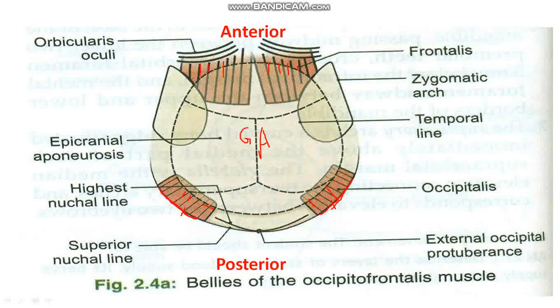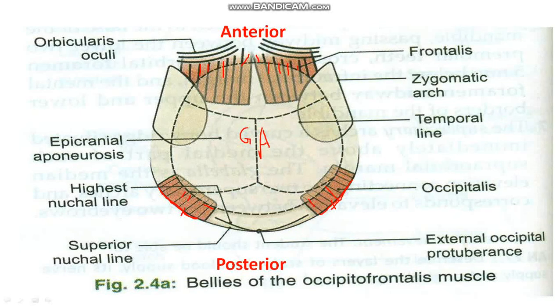Means between these two there is a space, more space when you compare with the frontalis, because here you see the frontalis, they are more approximated with each other.